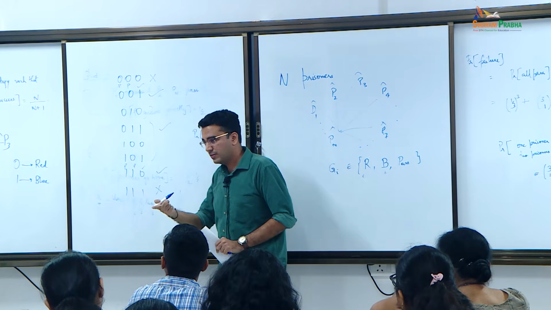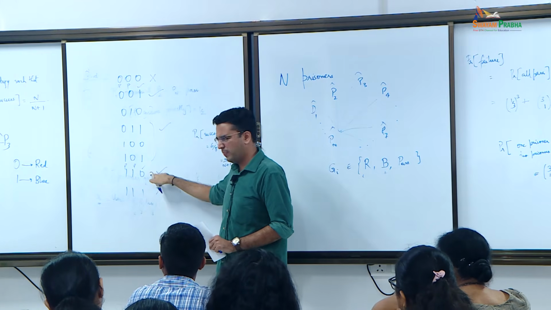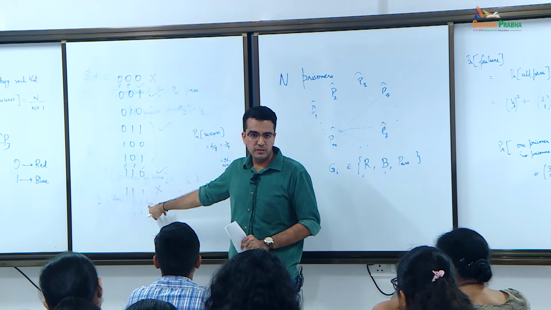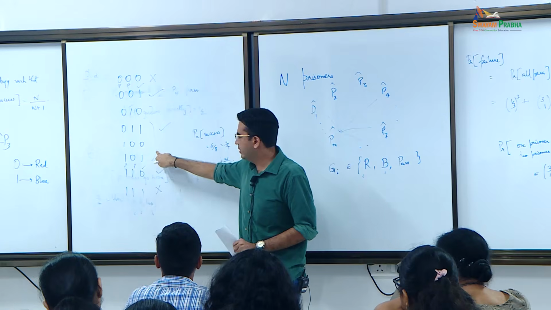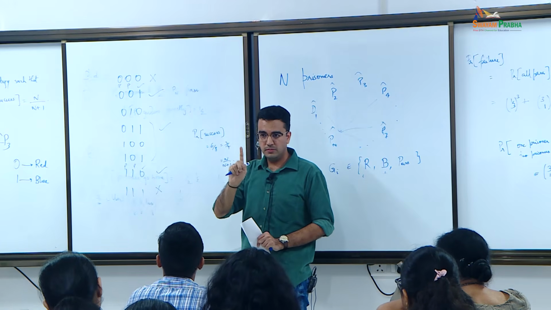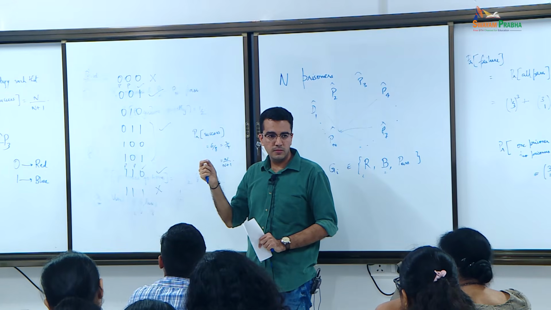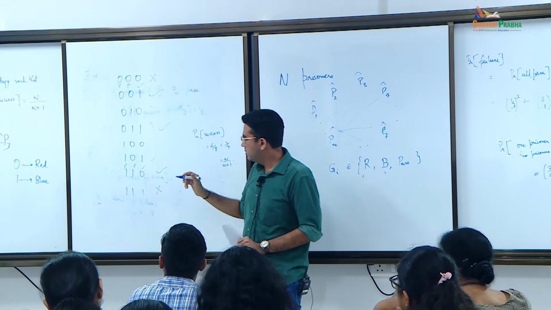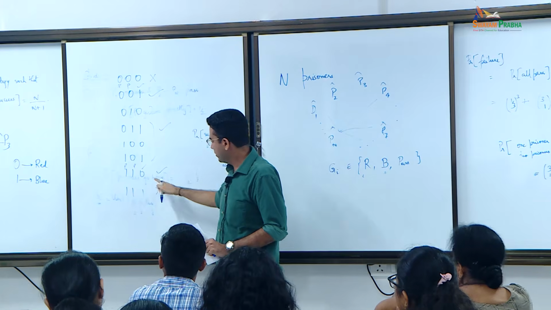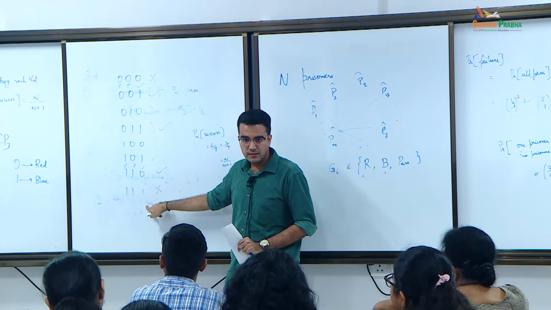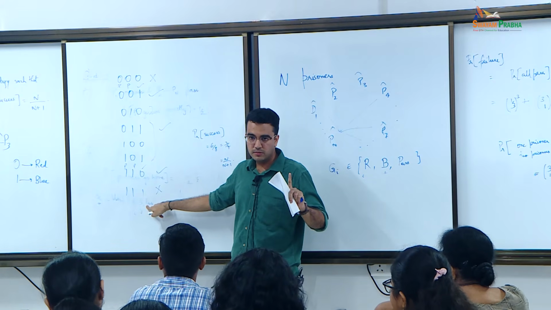So what Parthiv is saying is that from a bad configuration, it looks like you can go to a good configuration by flipping 1 bit. Bit means either 0 or 1. You see that? So let's look at this again. So this guy can be obtained from this guy by flipping 1 bit.